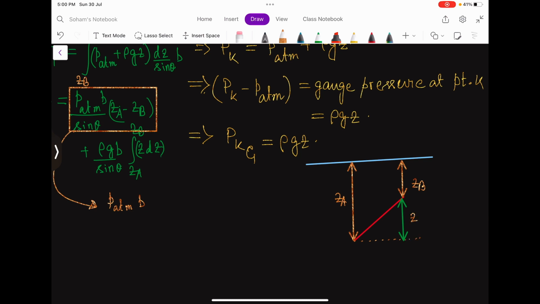This height is nothing but za minus zb, and this is theta.